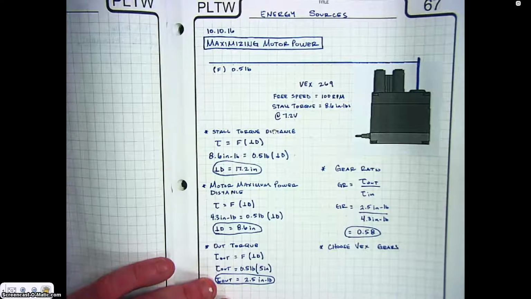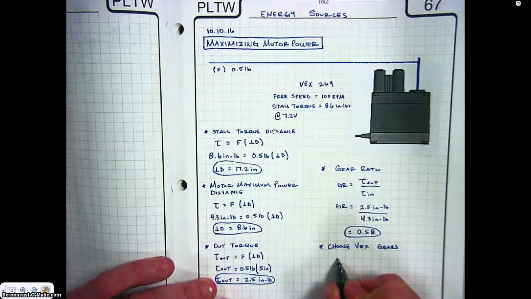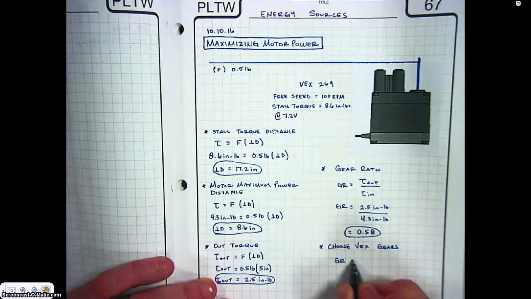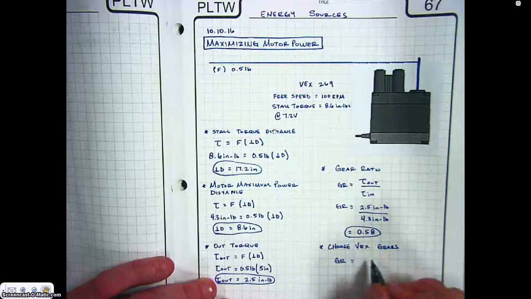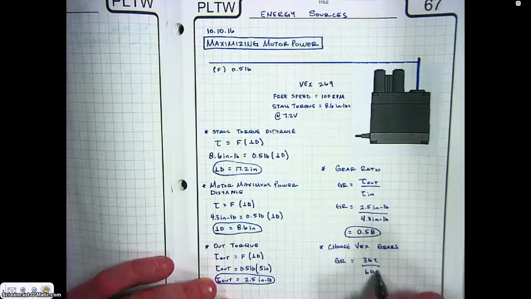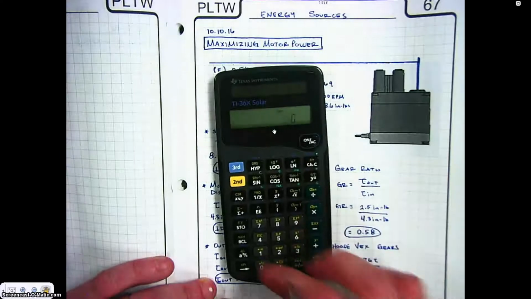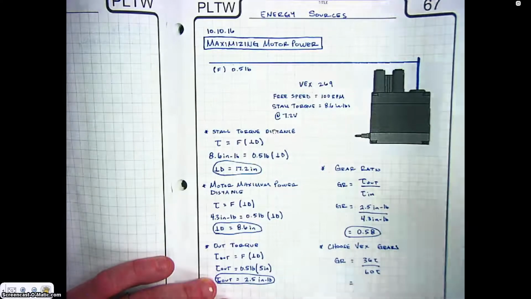And so if I go back and look at the VEX gears, the gear ratio of our VEX gears, the closest I can get to that 0.58 is a 36 tooth gear and a 60 tooth gear. So if I divide 36 by 60, I get a gear ratio of 0.6.